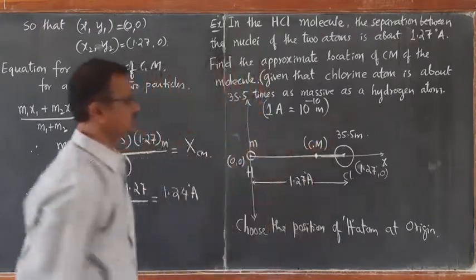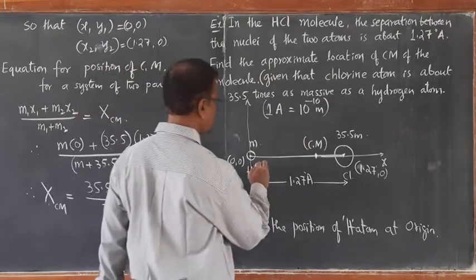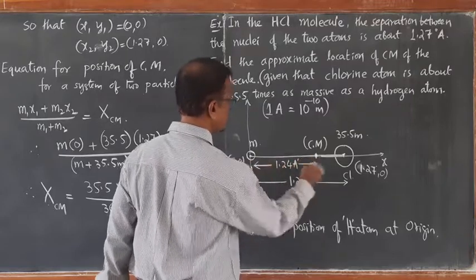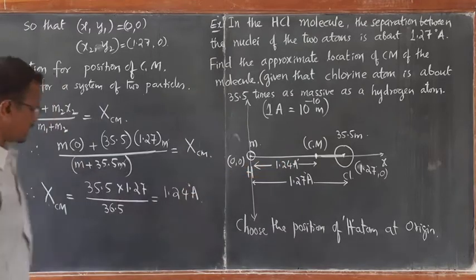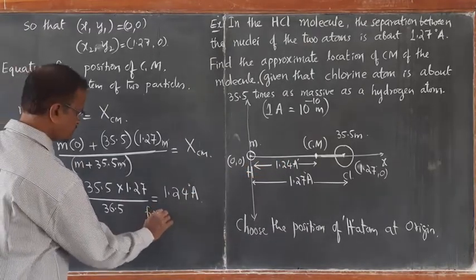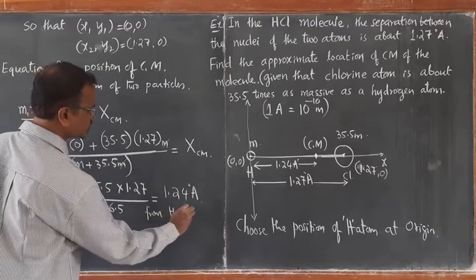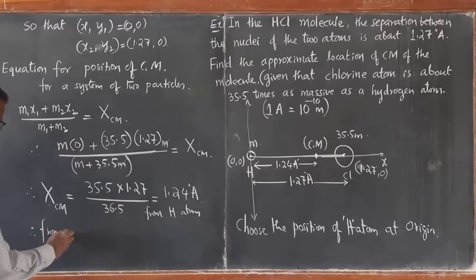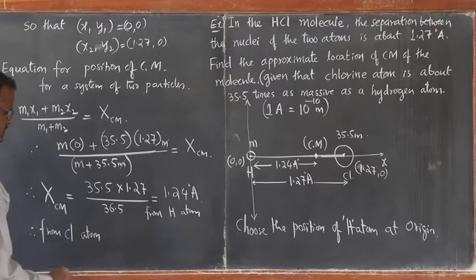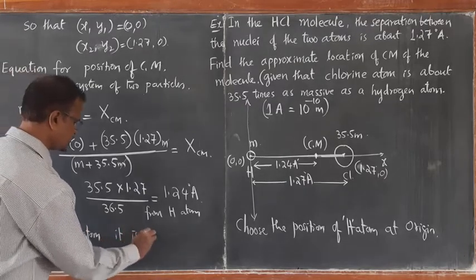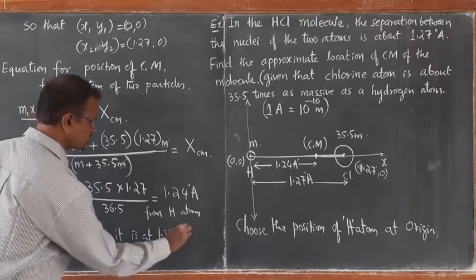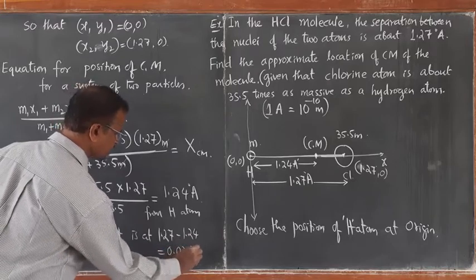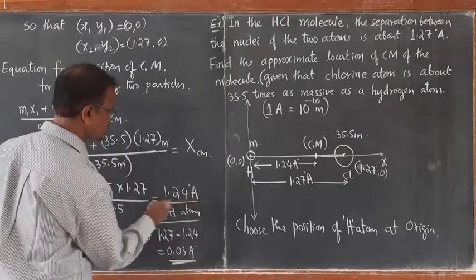That is the position of the center of mass from the hydrogen atom, 1.24 angstrom, because the H atom is at the origin. From the chlorine atom, it is at 1.27 minus 1.24, which comes out to be 0.03 angstrom. So this is how we find the position of the center of mass.